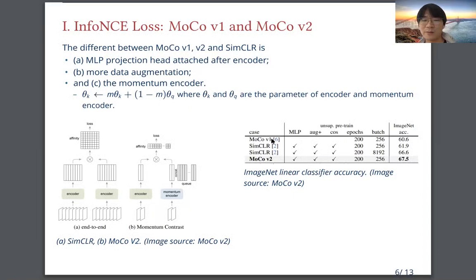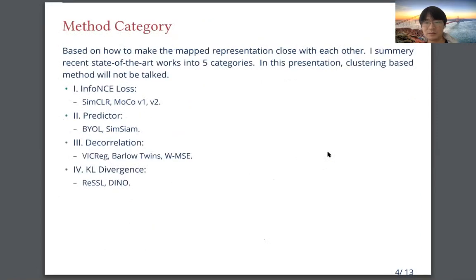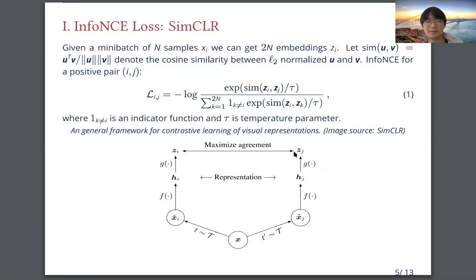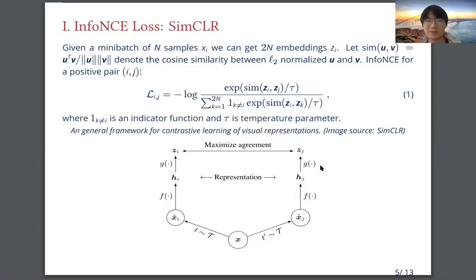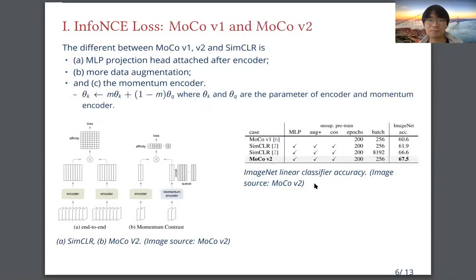And MoCo version 1 didn't have a projector. The projector is the G here. So in MoCo version 1, they calculated the InfoNCE loss directly using H_i and H_j.